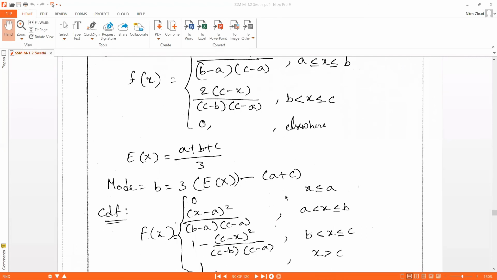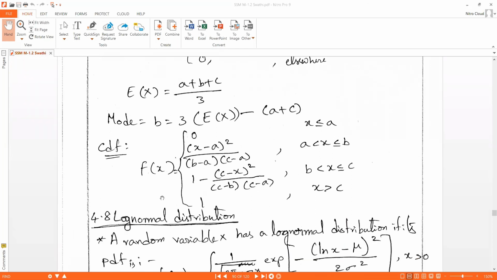Okay, next the mean is E of x equal to a plus b plus c divided by 3. The mode is b, equal to 3 into E of x minus a plus c. And the CDF for the triangular distribution is F of x equal to 0 if x is less than or equal to a.